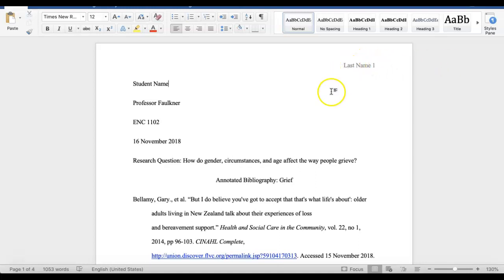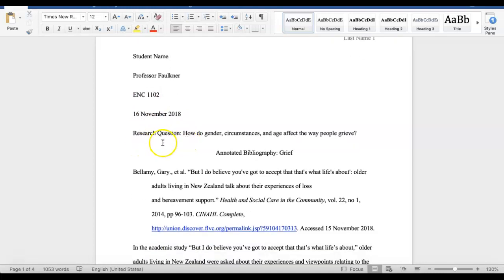So first, we're going to be in that MLA setup. So your name, my name, the course, whatever course you're in, and the date. Then you're going to pose your research question. For this one, it was, how do gender, circumstances, and age affect the way people grieve? And then just annotated bibliography and whatever your topic is.